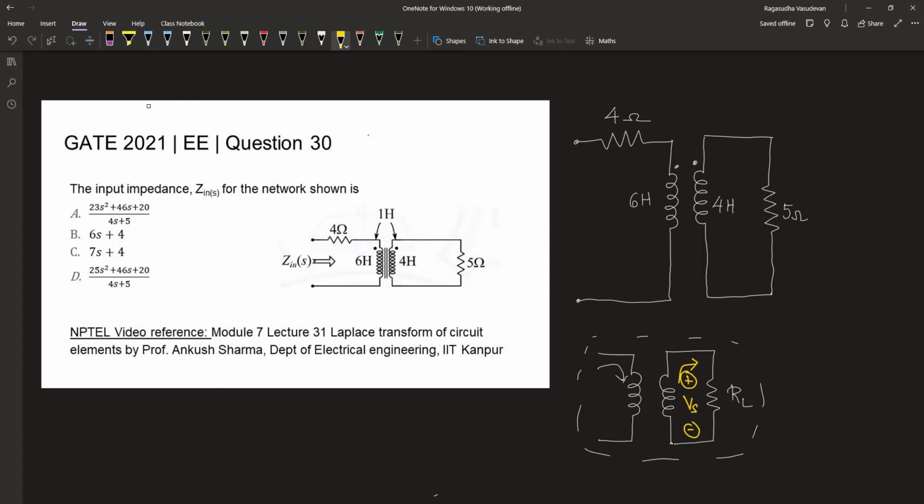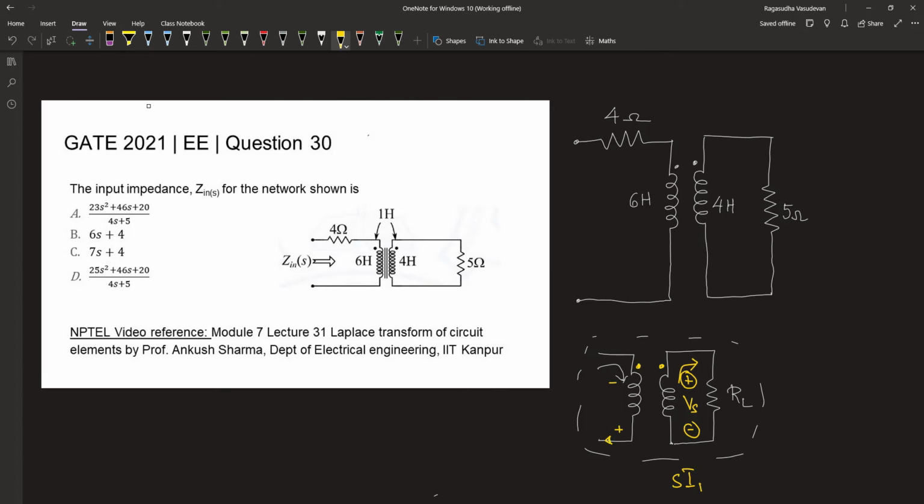So when the current enters through the dotted terminal of the primary coil and when the current leaves through the dotted terminal of the secondary coil, then the voltage induced by it, which is equal to S into I1, where the positive is at the leaving terminal and the negative is at the entering terminal. So the positive terminal is over here and the negative terminal is over here, because the current is leaving from this terminal.